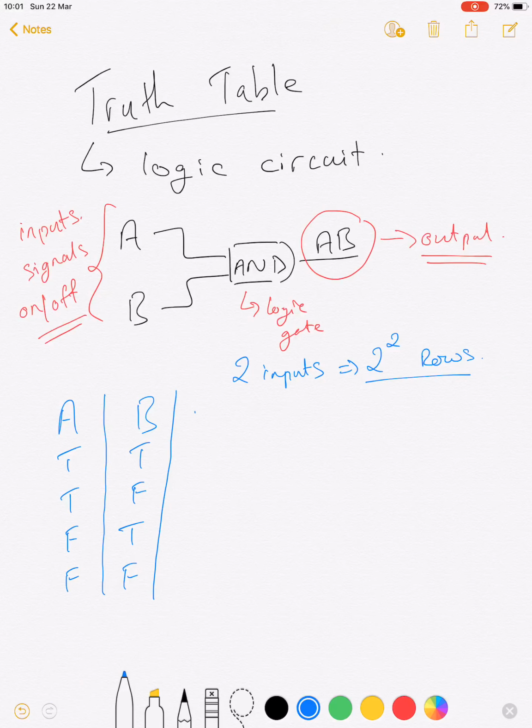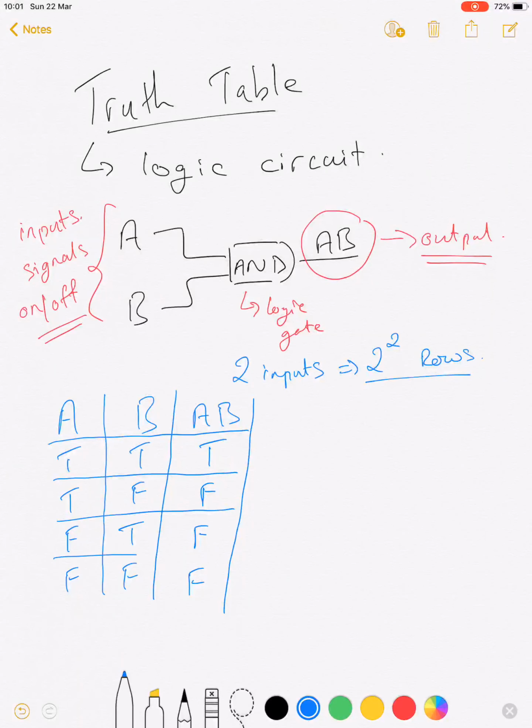Now we can say we have the resultant, which is A AND B. So true and true is true. True and false is false. False and true is false. False and false is false. So essentially what we're doing here is looking at all the possible combinations that A and B can be, and the truth table shows us the resultant column.